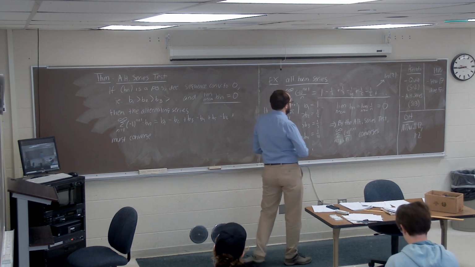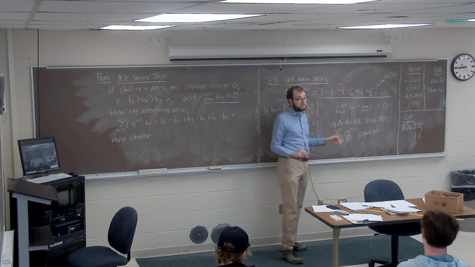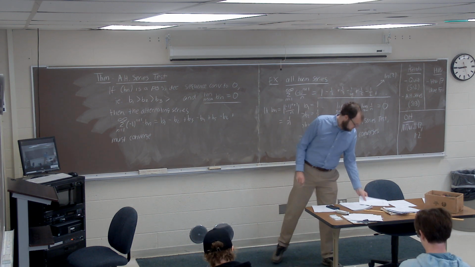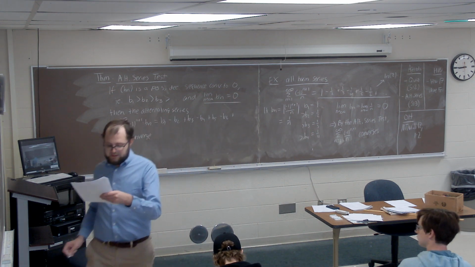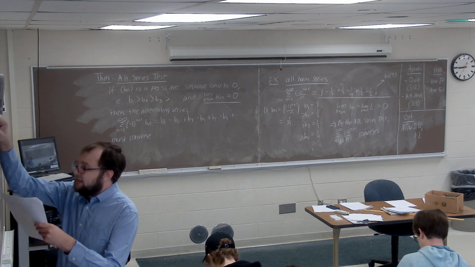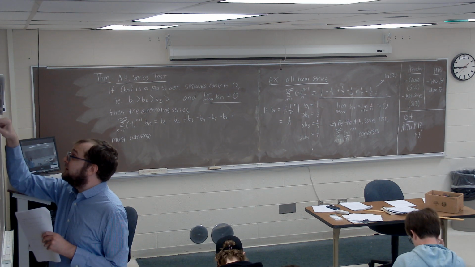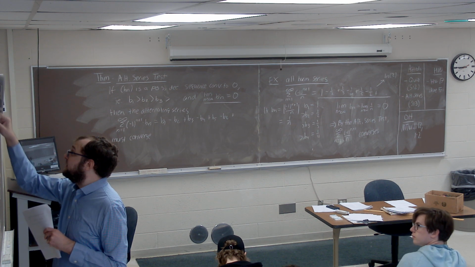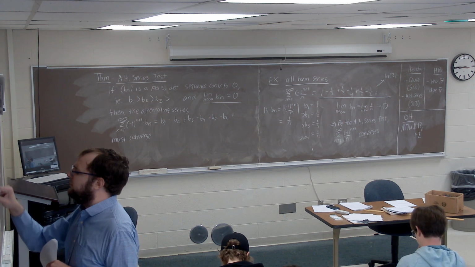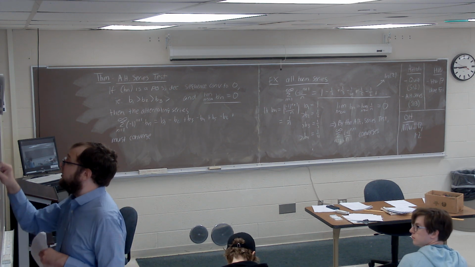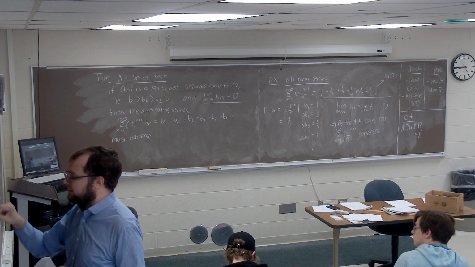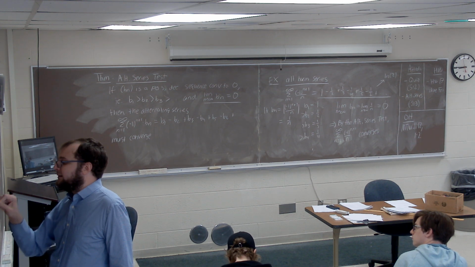By the way, we have a special name for a series like this where it's convergent but not absolutely convergent. We call it conditionally convergent. So, we're going to say that a sum from j equals 1 to infinity of c sub j is conditionally convergent if your series is convergent but not absolutely convergent.